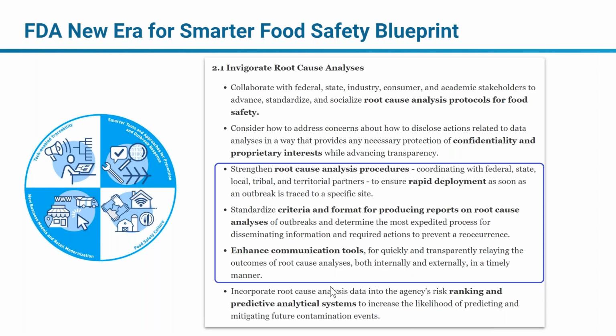And specifically in their Core Element Two, smarter tools and approaches for prevention and outbreak response, they specifically call out enhancing and strengthening root cause analysis and predictive analytics. So under section 2.1 is where software like SafetyChain can help the food industry to invigorate the root cause analysis, specifically around these three points here: rapid deployment, standardizing the criterion format for producing reports on root cause analysis, and enhancing communication tools, both internally and externally.